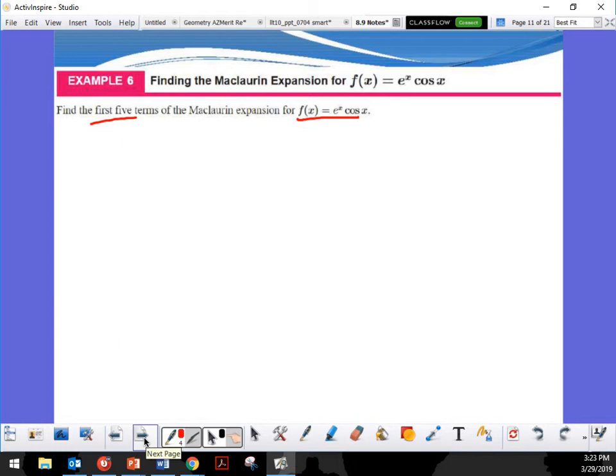All right, so let's see. That's going to be a product rule. So let's go ahead, I'm going to go off to the side. So product rule, it's going to be e to the x cosine x plus negative sine x e to the x.